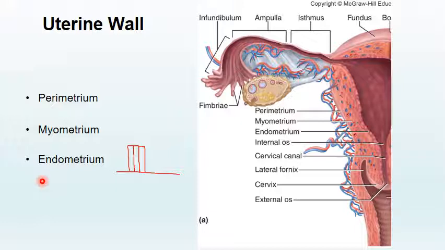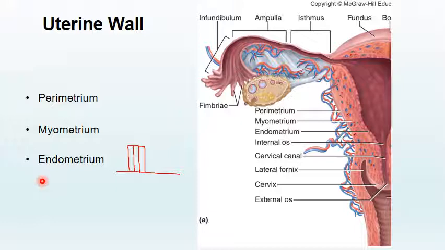That functional layer, so the top 2/3 of the endometrium, is the structure that is lost during a menstrual period. So during a menstrual period, that functional layer actually degrades and breaks down and is lost. The basal layer is going to stay behind, so that's our deep third, and it is actually going to work to regenerate that functional layer.